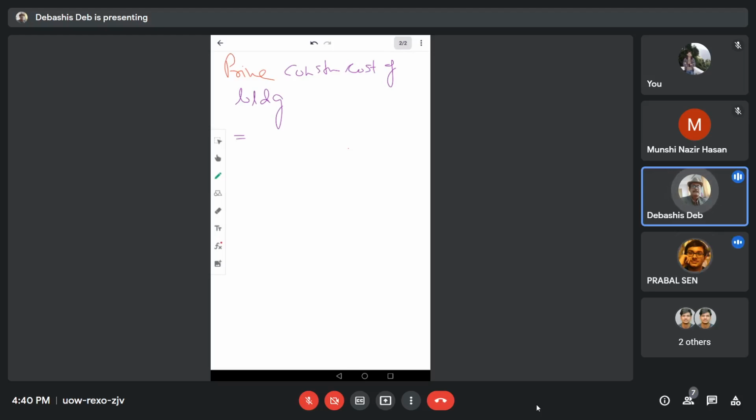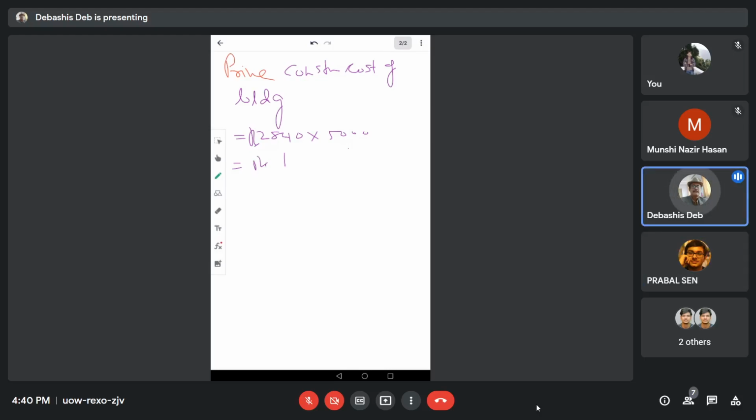The cubical content has been given as 2840 meter cube, and the rate has been given as rupees 5,000 per meter cube. So 2840 into 5,000. What is the figure? Sir, 142 into 10 to the power 5.